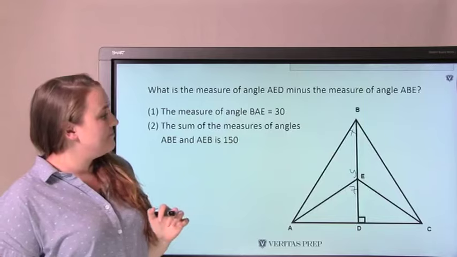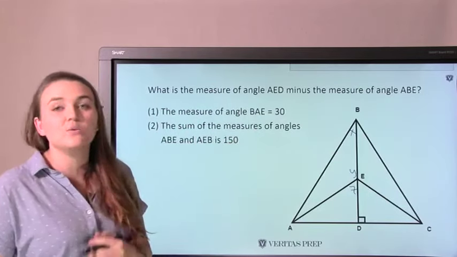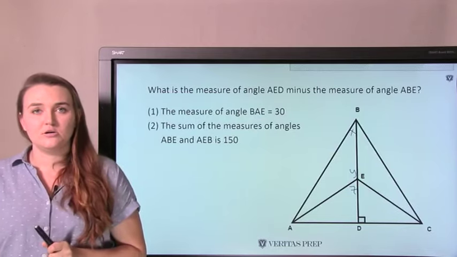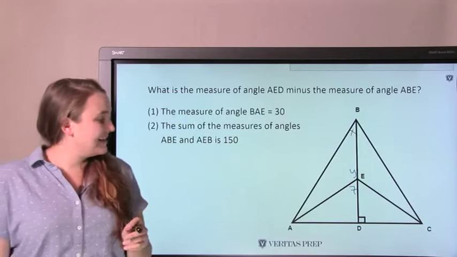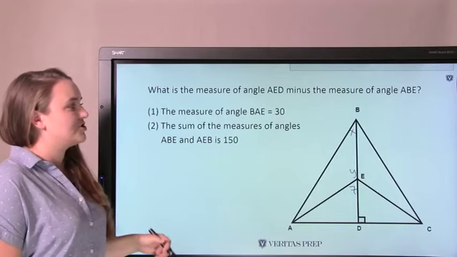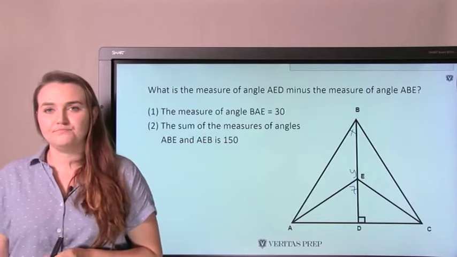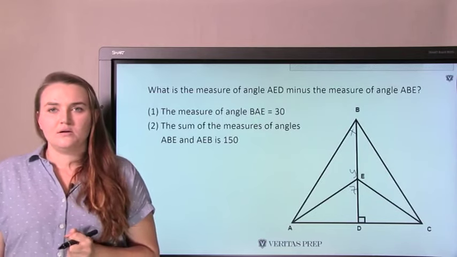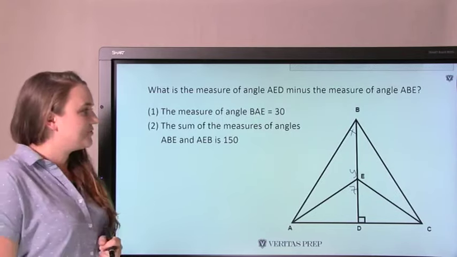So if I'm labeling my angles X, Y, and Z, what is the question asking me for in terms of these unknowns I've just established? It's asking me the measure of angle AED minus the measure of angle ABE. What are we being asked for here? Anyone have thoughts for me?